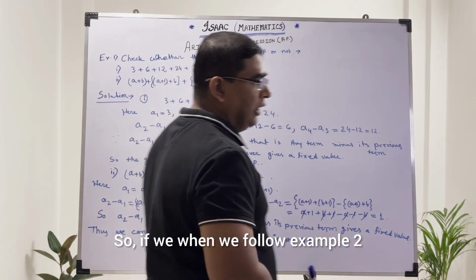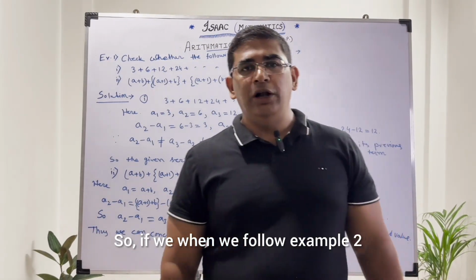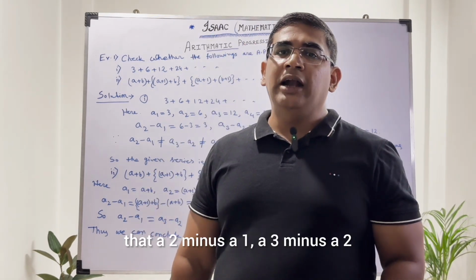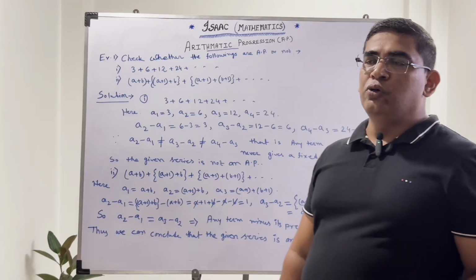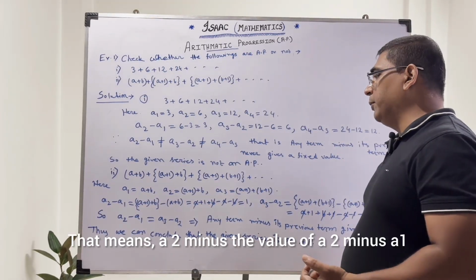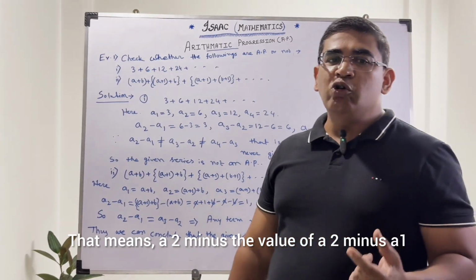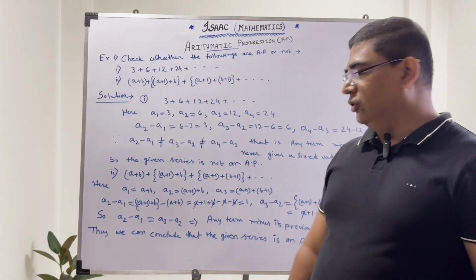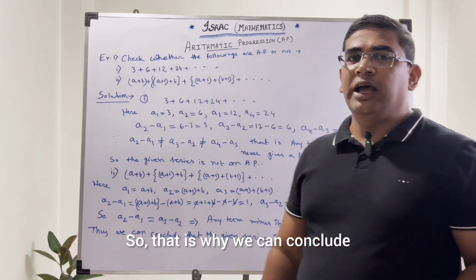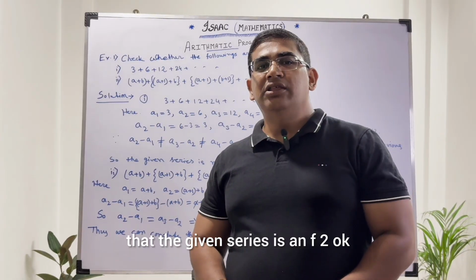In example 2, we observe that A2 minus A1 and A3 minus A2 both give 1, which is a fixed value. That is why we can conclude that the given series is an AP.